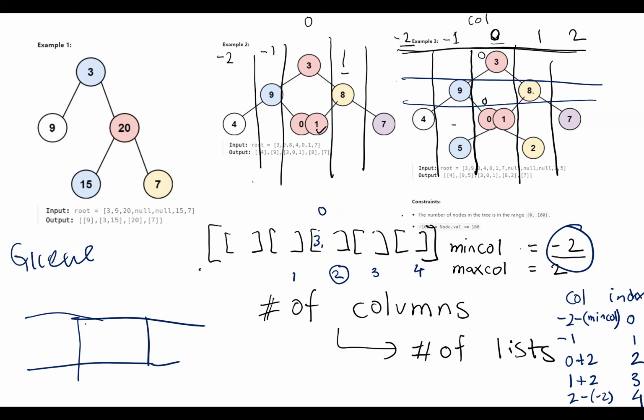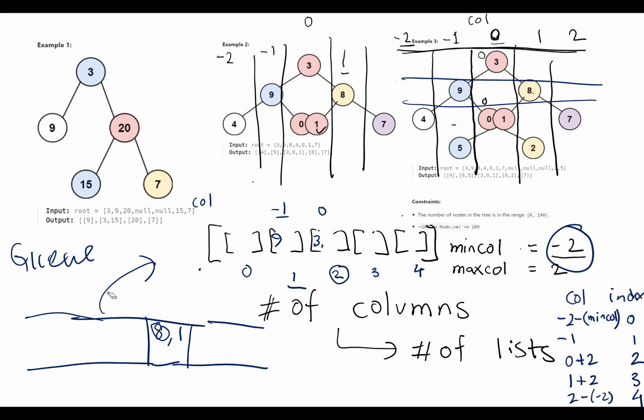So I put 9 with column index -1, right? And then I put 8 with column index 1, right? So this time when I take this out, this was column index -1, so the column -1 goes to index 1, so that means 9 goes here, and this one is gone.